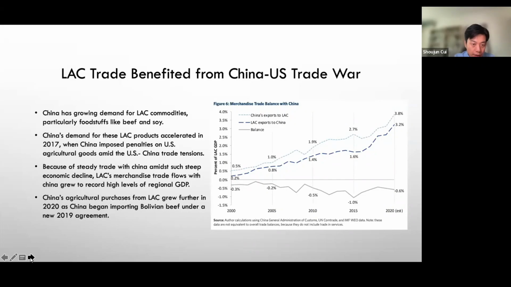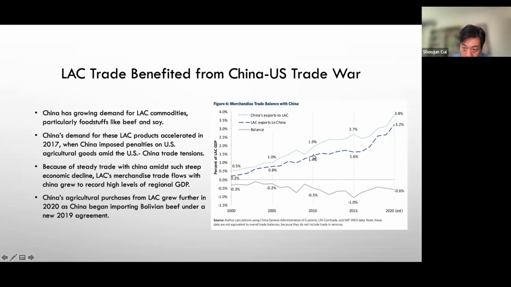Because of steady trade with China amid such a steep economic decline, Latin America's merchandise trade flow with China grew to a record high level as a share of GDP. You can see the light blue line is the China export to Latin America, as a percentage of the GDP, right?